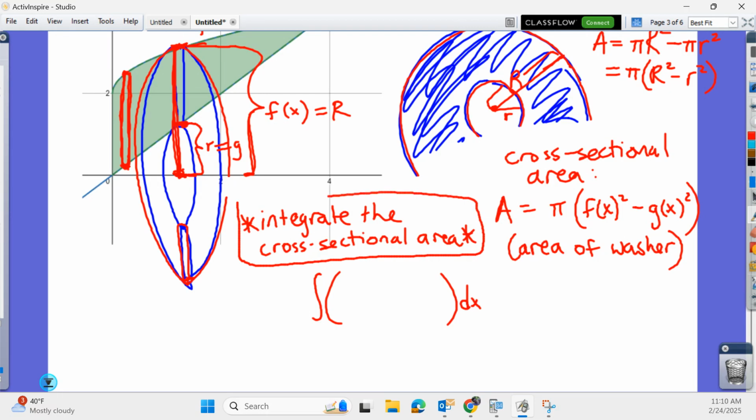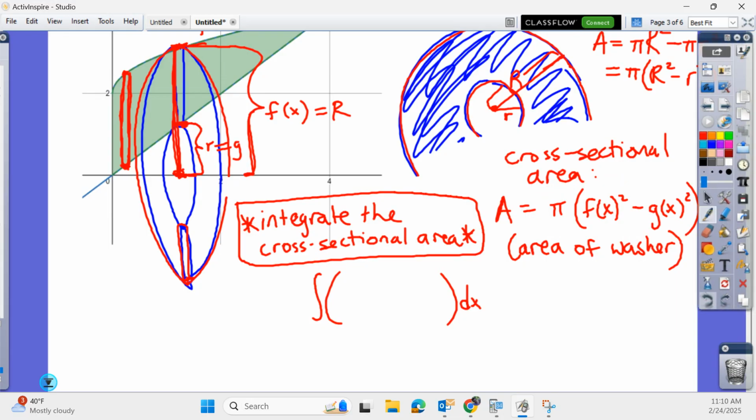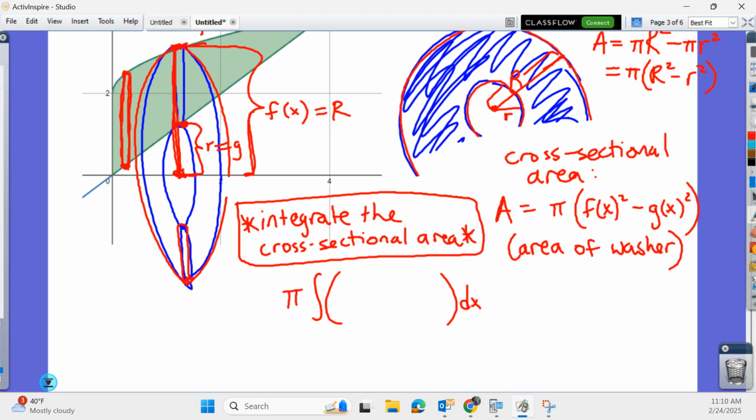Integrate the cross-sectional area. When you're stuck on how to find a volume, think, how do I integrate the cross-sectional area? What's the cross-sectional area of the solid? So in this case, the cross-sectional area is pi times f of x squared minus g of x squared, that quantity. I'm going to factor the pi. It's already factored out. I'm going to factor it out of the entire integral because it's a constant, pi is. So I'm going to put it outside.